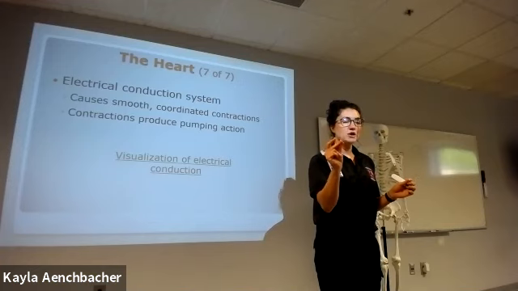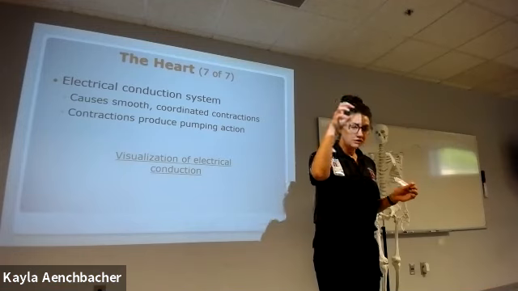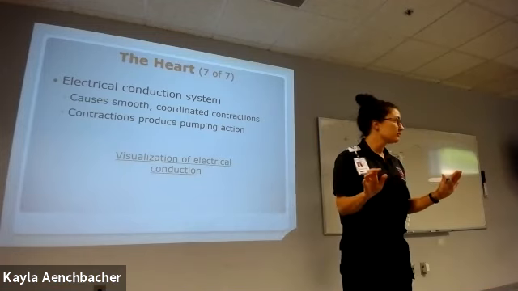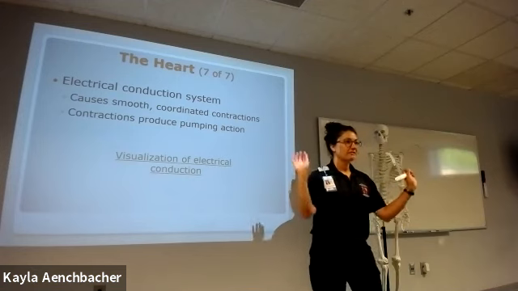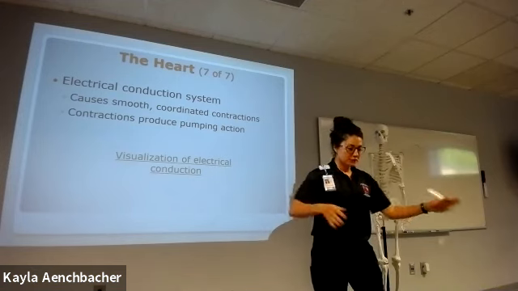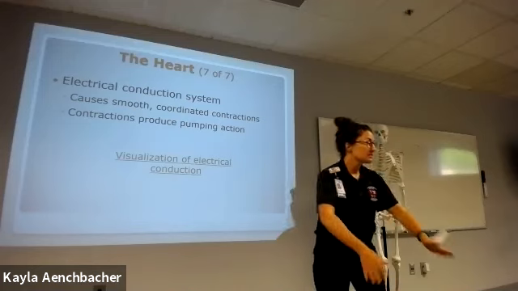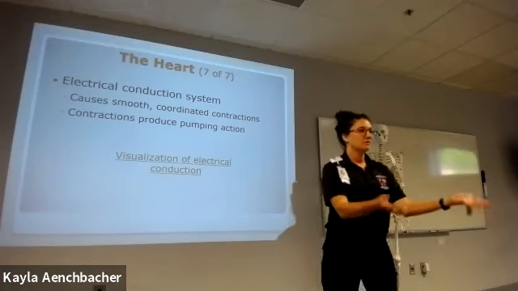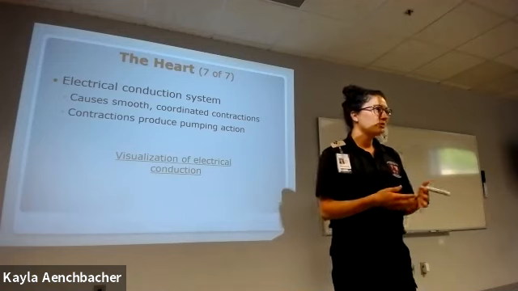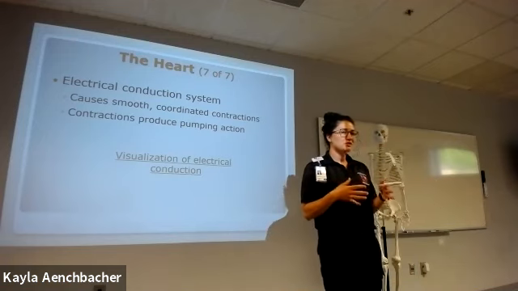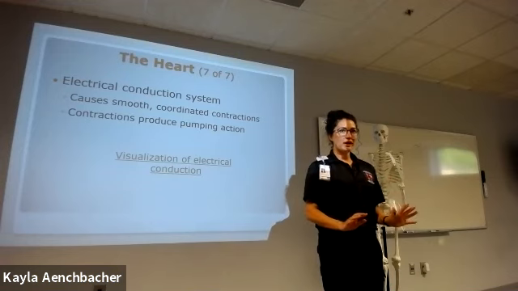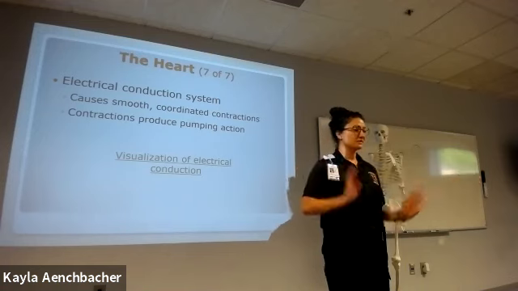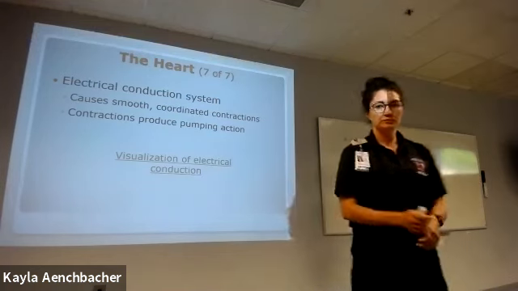We start at the SA node, that's the initial start point. Then we go to the AV node, which is responsible for saying, okay, we're going to have a very, very brief pause. Everybody in place, everybody ready to go? Okay, let's proceed. It's kind of like a gatekeeper. The AV node makes sure everything is in the right order, everybody's ready to go, and then allows that electricity to proceed through the rest of the heart.